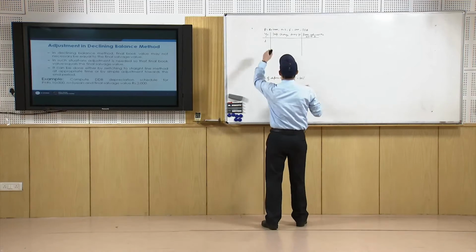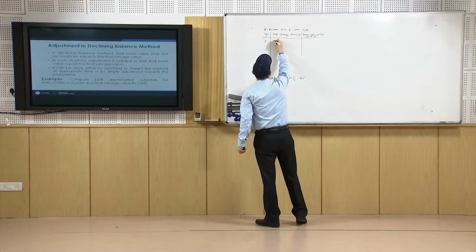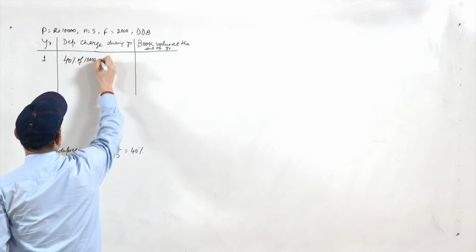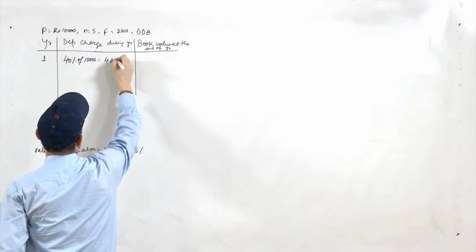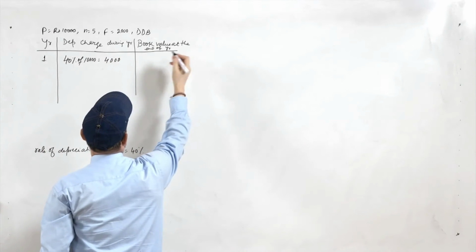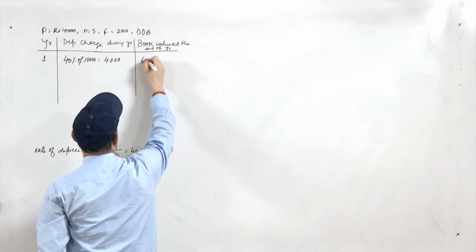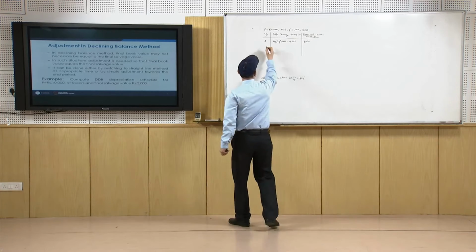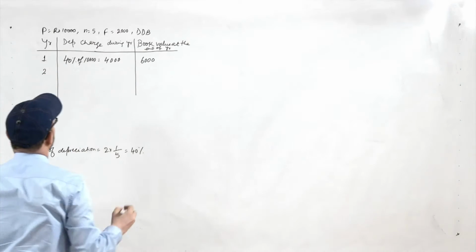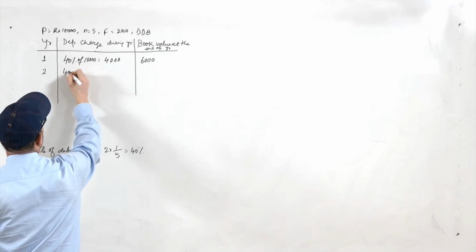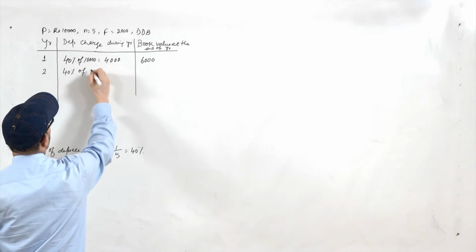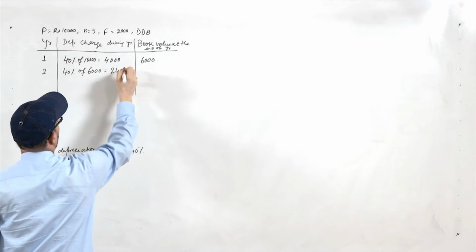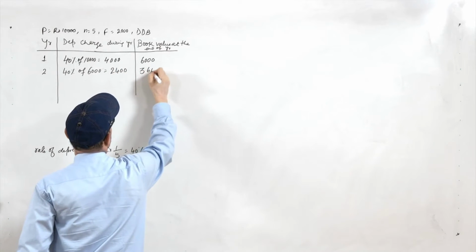So, during the first year the depreciation charge will be 40% of 10,000, that is 4,000, and your book value at the end of first year is 6,000. In the second year it will be 40% of the book value at the end of first year. So, 40% of 6,000, that is 2,400 and the book value is 3,600.